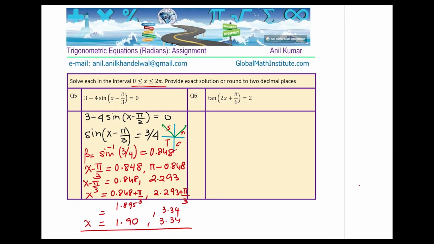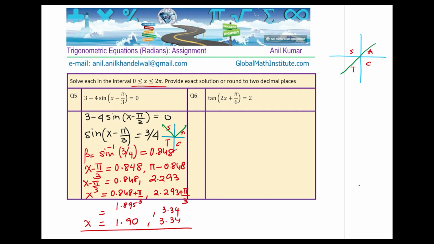The next one here is tan of (2x plus pi by 6) equals 2. We're looking for a positive solution, so that means we're looking for a solution in quadrants 1 and 3, correct? Since tan is positive in quadrant 1 and in quadrant 3.